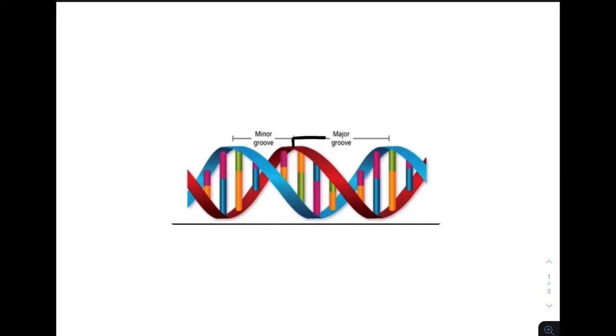Let's now look at major and minor grooves. So this is a major groove, while this would be a minor groove. A minor groove is the shorter gap on the outside of the DNA duplex.